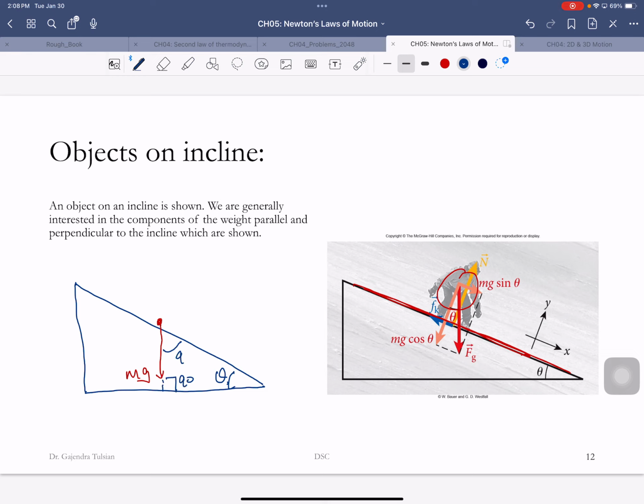So this is 90 minus theta. What is this component equal to? It's mg cosine of 90 minus theta, and cosine of 90 minus theta is sine theta, so mg sine theta. What is this angle equal to? Theta. So this is mg cosine theta.